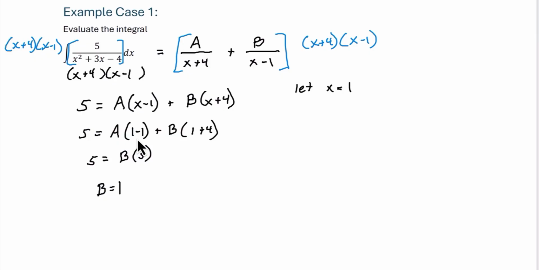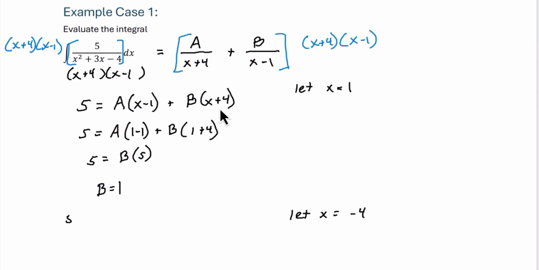Now we'll do a similar thing, but this time let's let x equal another clever value. Let's assume we want this to go away to 0, so let's let x be negative 4.